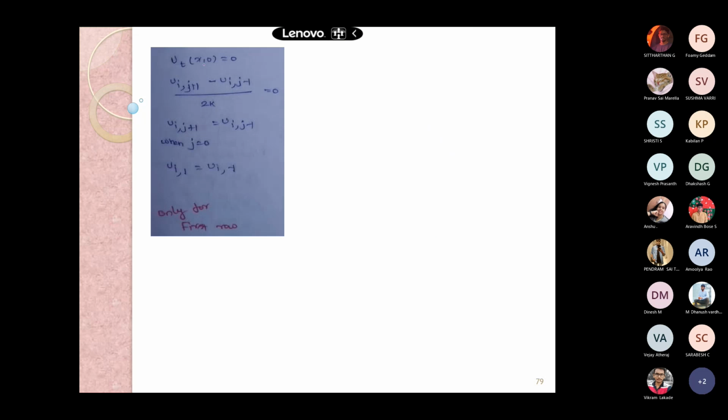When u of x comma 0 is equal to 0, this is the basic information which we detailed in the parabolic equation. And u of i comma j plus 1 minus u of i comma j minus 1 divided by 2k is equal to 0. Here by doing the cross product, the 2k becomes 0. So u i comma j plus 1 is equal to u of i comma j minus 1.